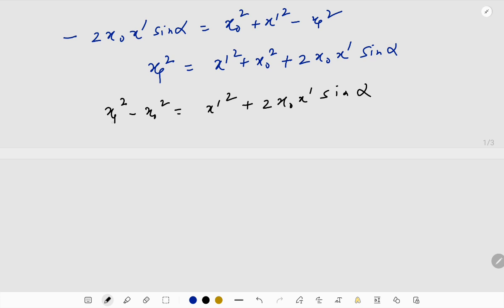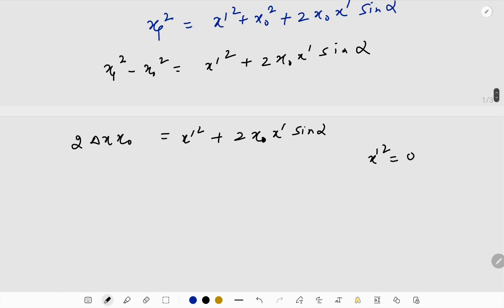I'm going to write down, this was x1 minus x0 and that was delta x. x1 plus x0, that was 2x0, equal to x dash square plus 2x0 x dash sine alpha. And I'm going to put down x dash square equal to 0, since x dash is quite small.